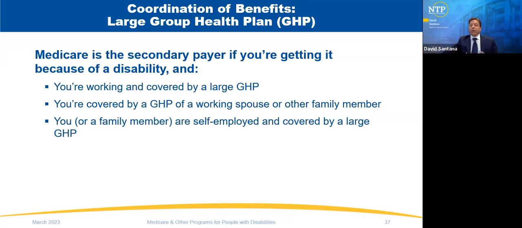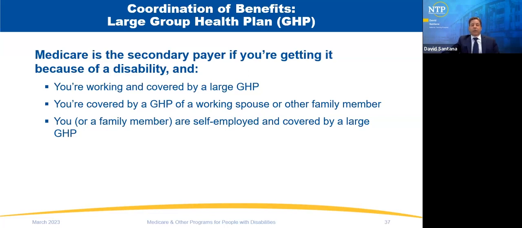So let's start with coordination of benefits. If an individual under 65 eligible for Medicare with disability is working, we look at the size of the employer to determine whether that employer would be primary to Medicare.